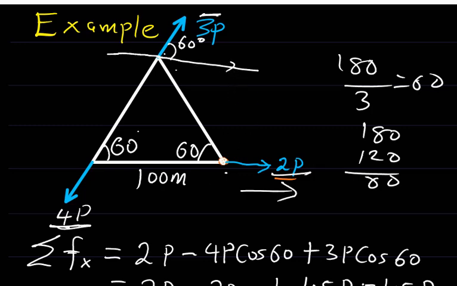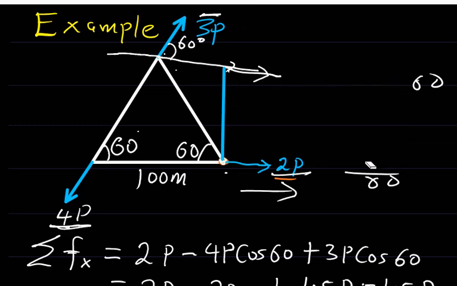For me to find the perpendicular distance, I have to do some construction. So this is the 3p, and this is the horizontal component of 3p, which already we've calculated, which is 3p cos 60. Then we'll have to find the perpendicular distance.